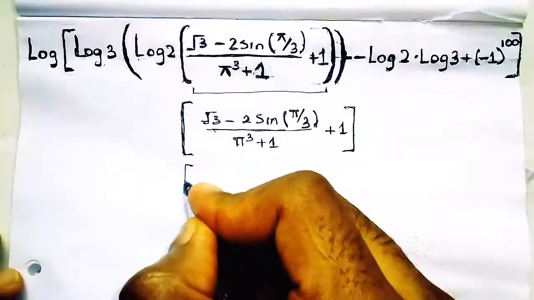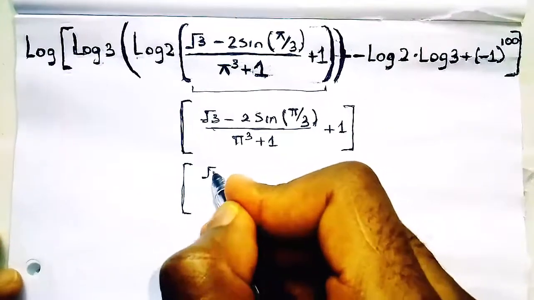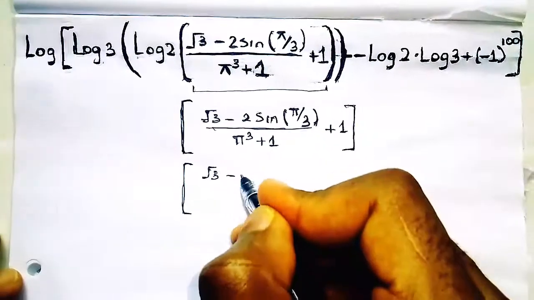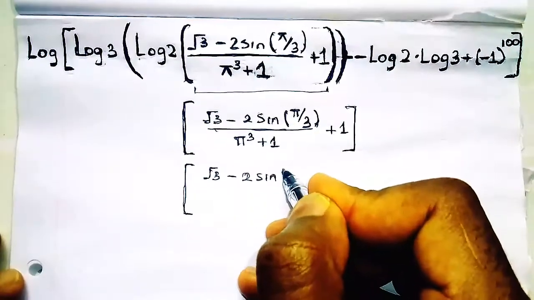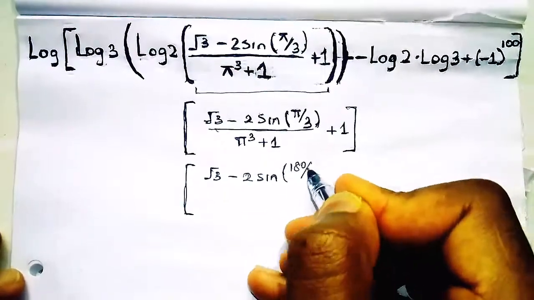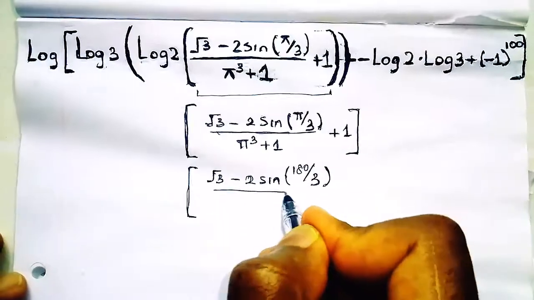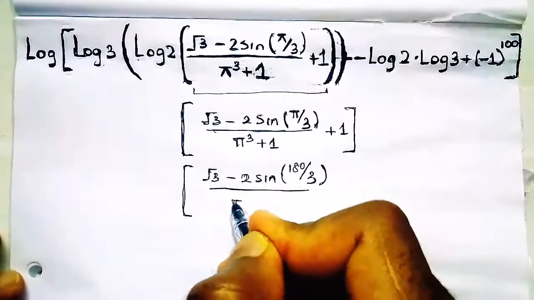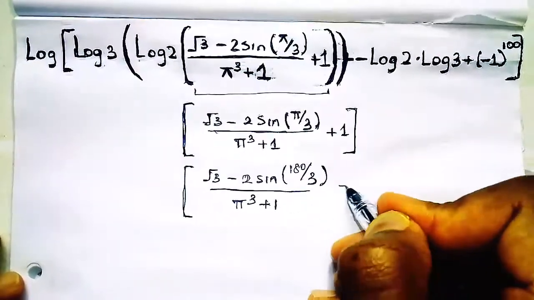So we'll be having root 3 minus 2 sine of 180 divided by 3, then divided by pi raised to power 3 plus 1, then plus 1.